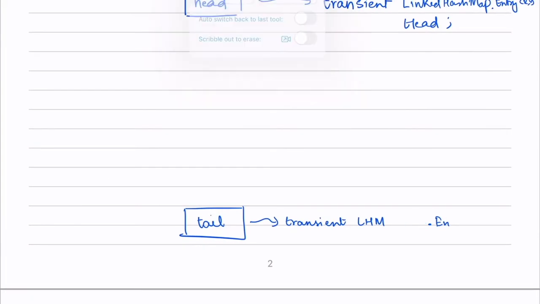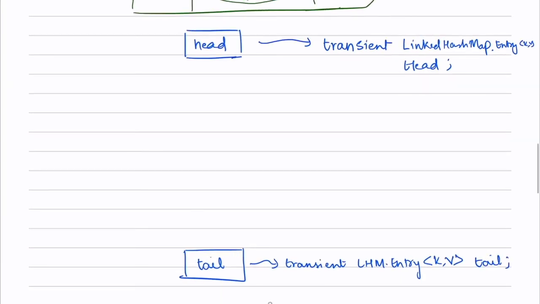It will not be kv, it will be linked hash map dot entry key value, and this is state, something like that is written. So these are the two nodes which will be similar. Let's put before and after here, and let's put before and after here also. So this is how it is.